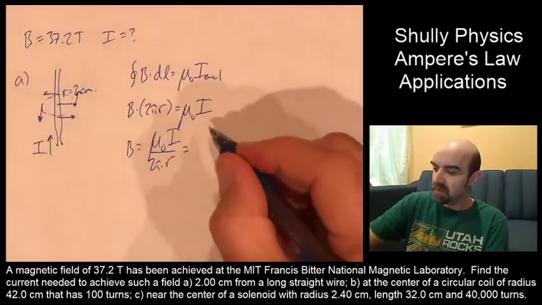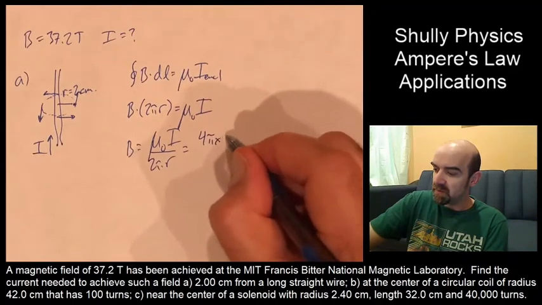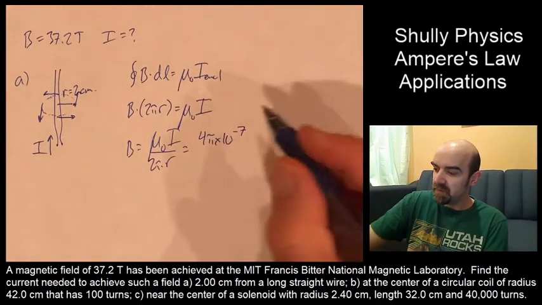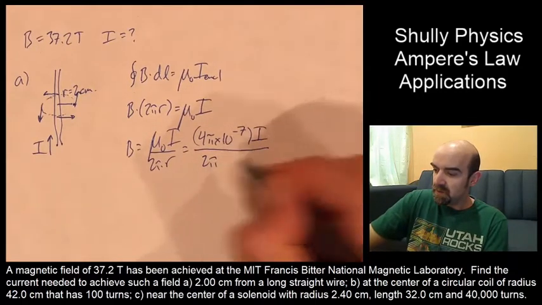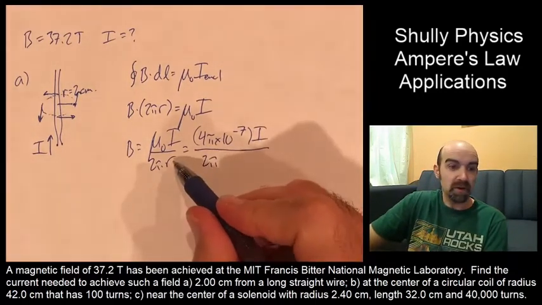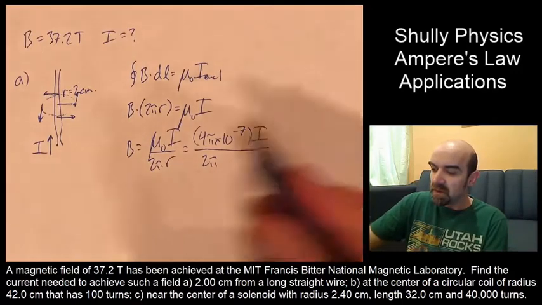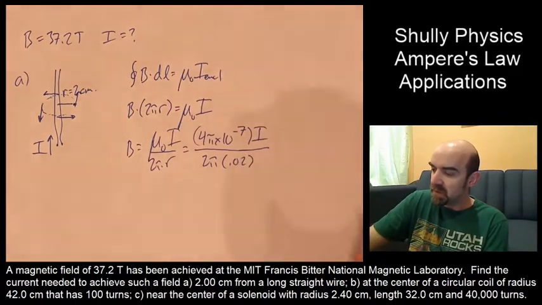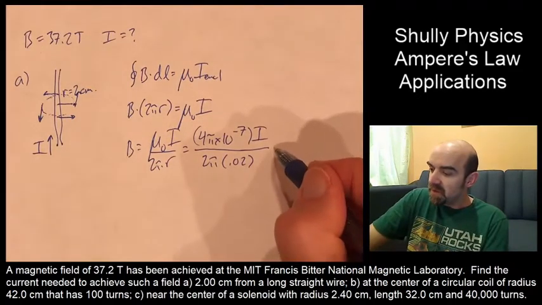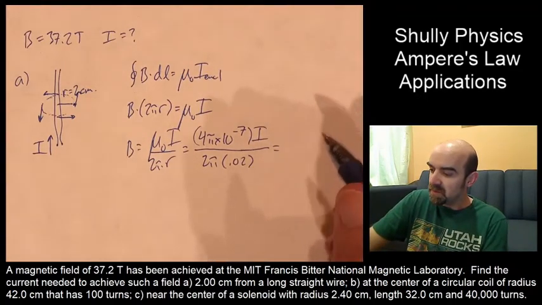All right, we're going to use 4 pi times 10 to the negative 7 for our mu naught. I is the unknown. 2 pi is there, and the r is 2 centimeters, so 0.02 meters. So a little simplification here. I think I can do this one without too much problem.